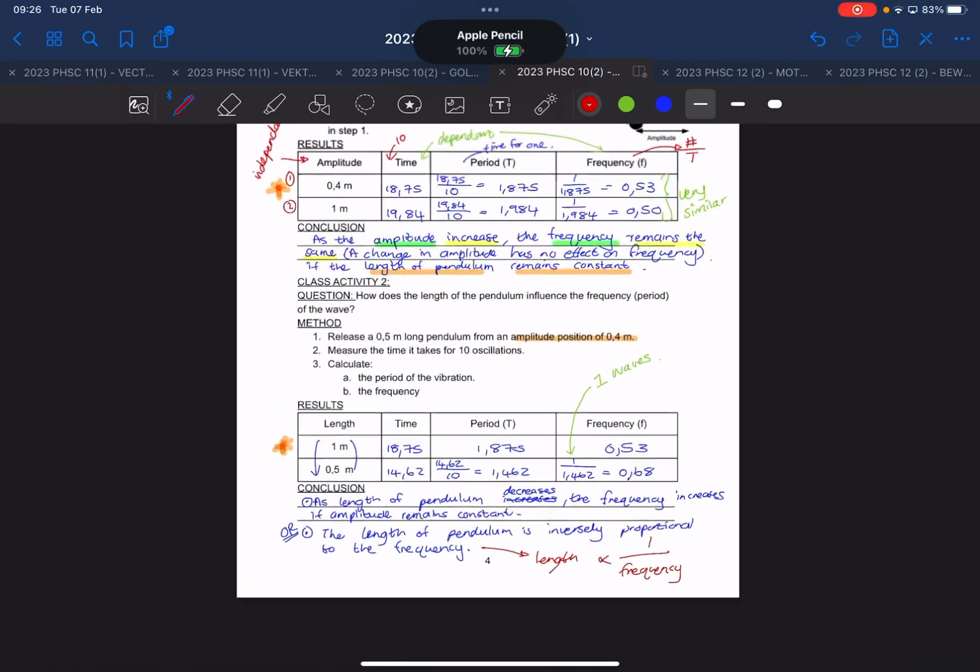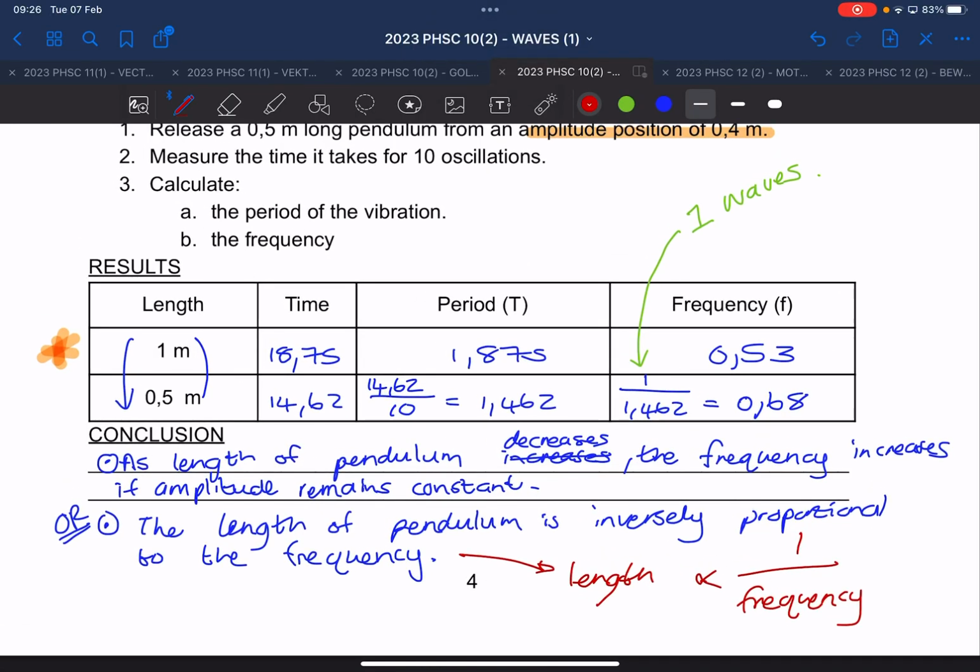Alright. So an experiment like this you should be able to do on your own. You should be able to see which one is the dependent, which one is the independent, what the control variables are, and write a conclusion. But you did that a lot last year with experiments in natural sciences.